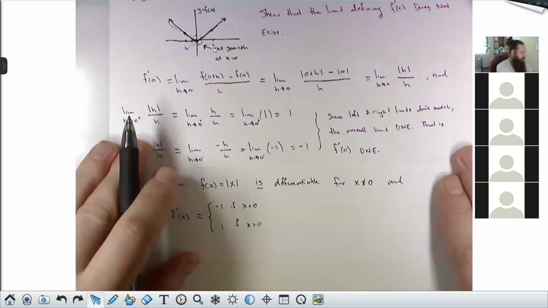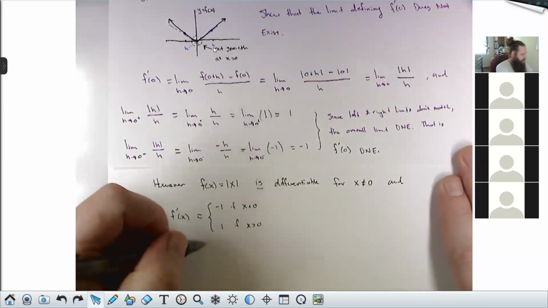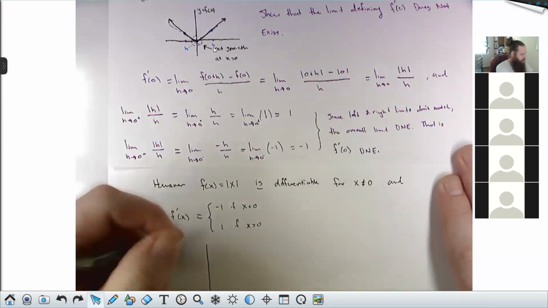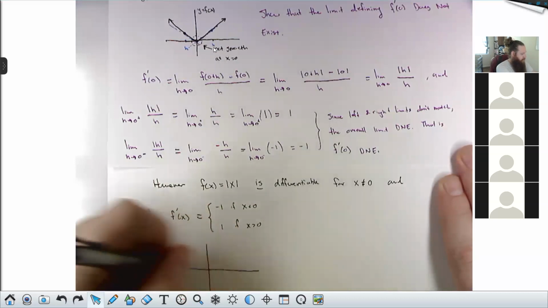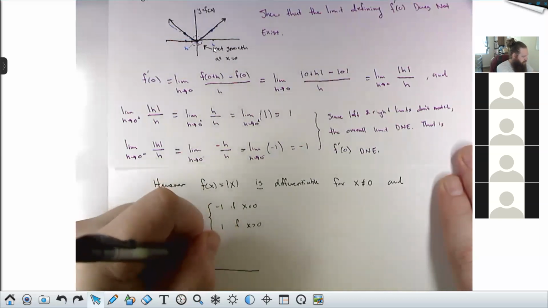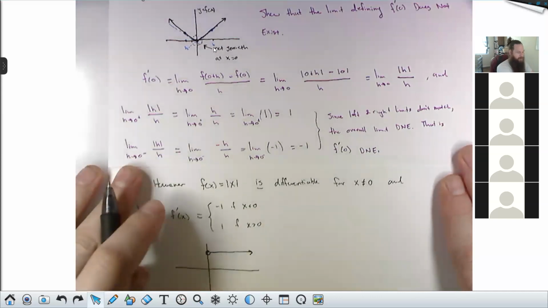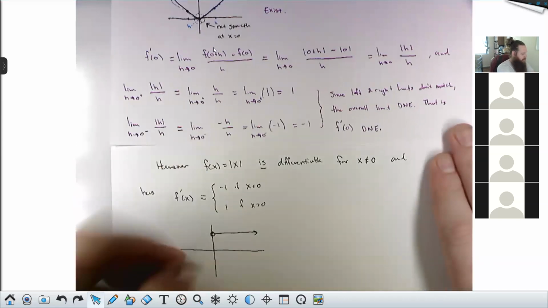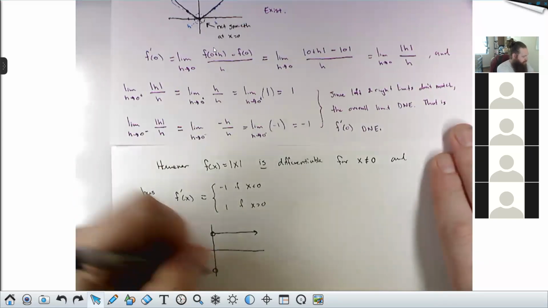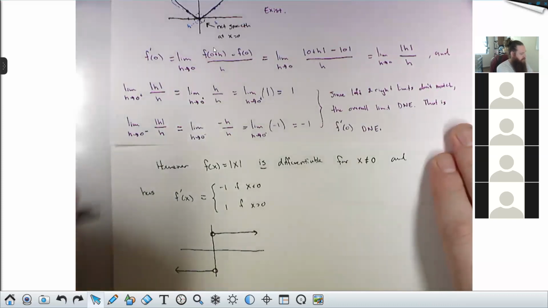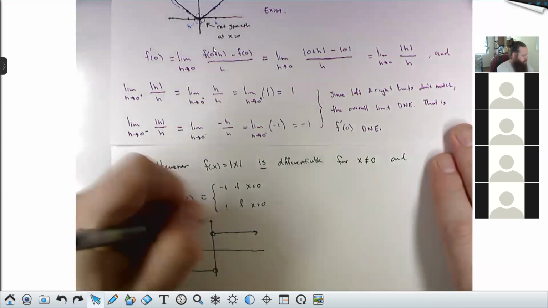So what does the derivative of that function look like? The derivative looks like this. If x is positive, then it outputs +1. If x is negative, then it outputs -1. That's the derivative of f prime.